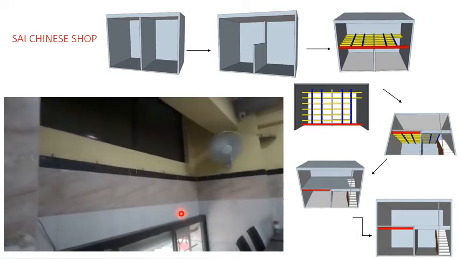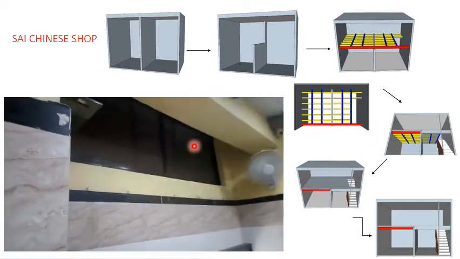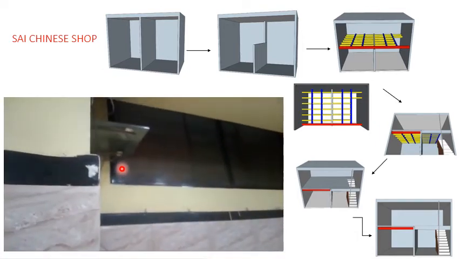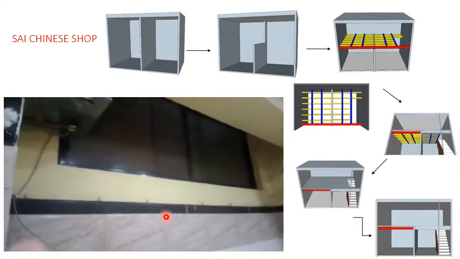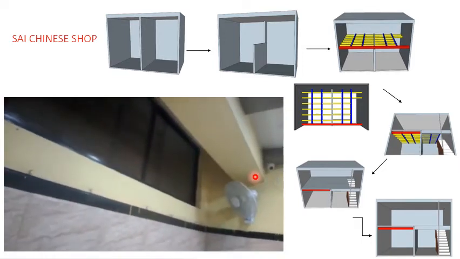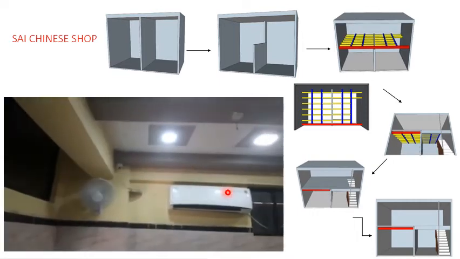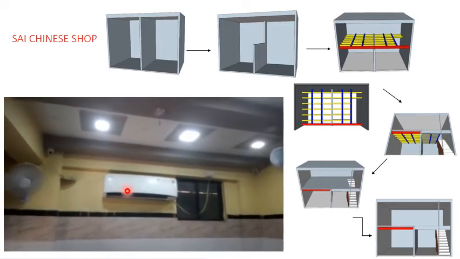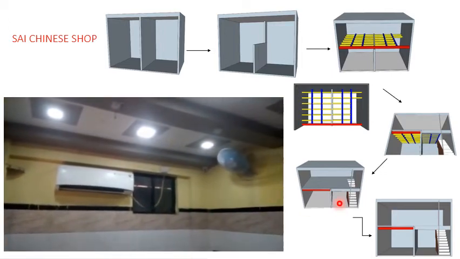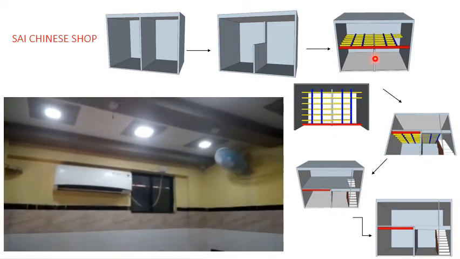We can see here the existing windows, the ventilation windows, are there. The beams are structural members which are already there, and all the metal members, the columns and the beams, are precast and welded.